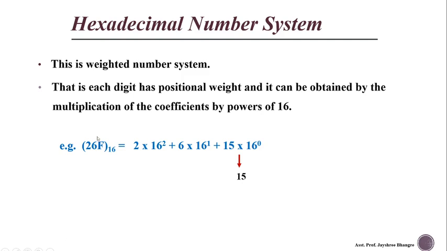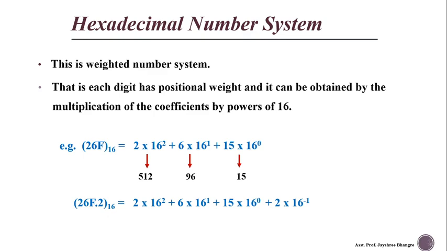Then the positional weight of this 6 is 6 into 16 raised to 1, so we get 96. And the positional weight for this 2 is 2 into 16 raised to 2, so we get 512. In this way, we can write the positional weights for any digits present in a hexadecimal number system. Again, a fractional number is given. In a similar way, we can write the positional weights for these numbers.